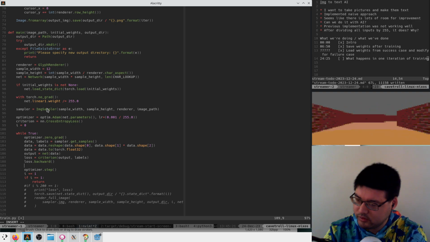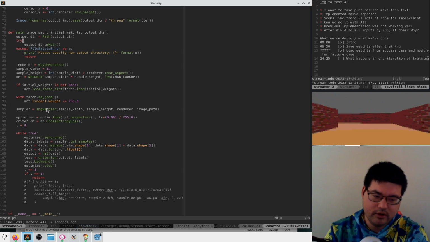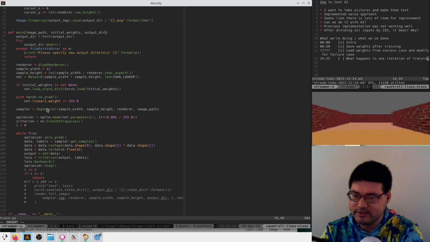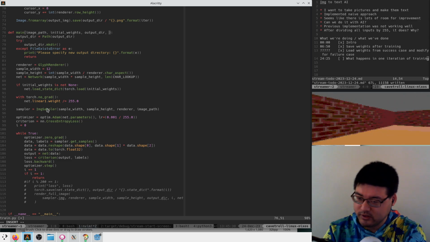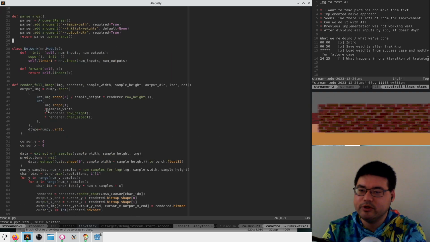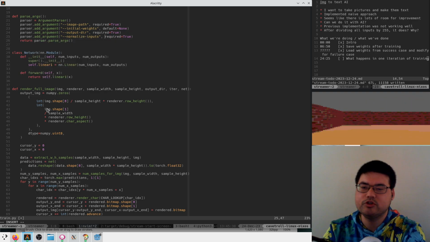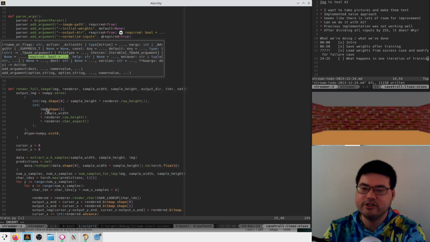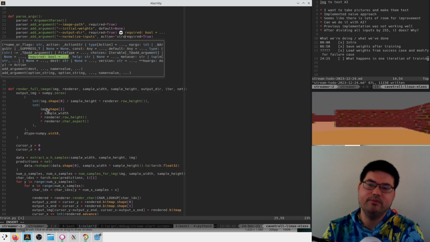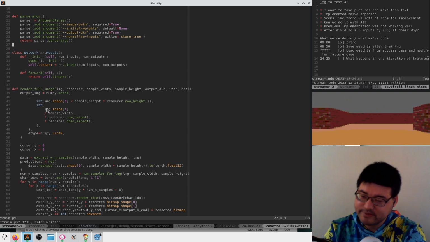Yeah, let's do that. And also while we're here, maybe it makes sense to add a flag to normalize the input so I don't have to keep switching back and forth between revisions. So normalize inputs will be action equal to store true. So this is going to be true if we pass the flag, false otherwise.